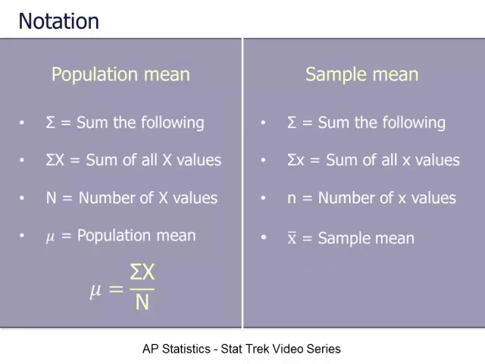So the formula for the sample mean looks like this. These formulas illustrate a common theme with statistical notation. Population attributes are often denoted by Greek letters or uppercase Roman letters, and sample attributes by lowercase Roman letters.